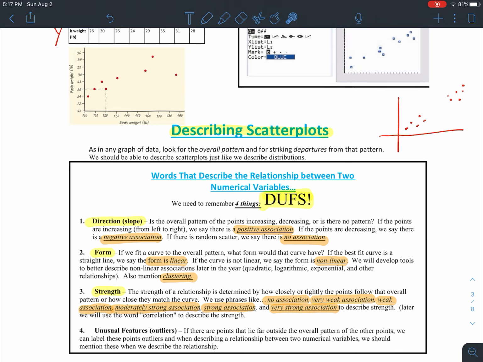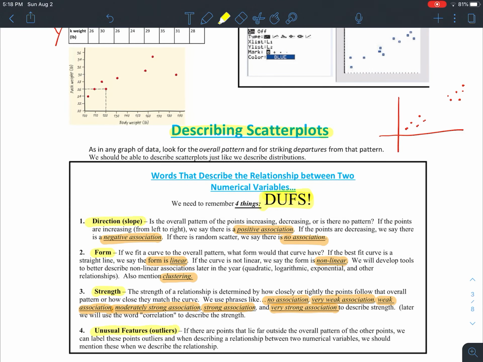We'll talk about how to distinguish that, but I will just mention that the more your points are together in a straight line, the less scattered they are, the stronger your association or correlation would be. The more widely scattered they would be, the less association or the weaker that association would be.